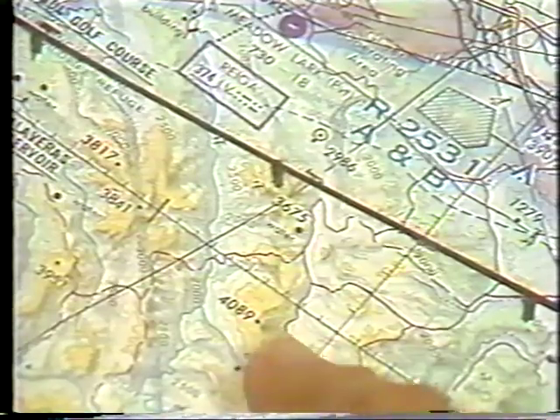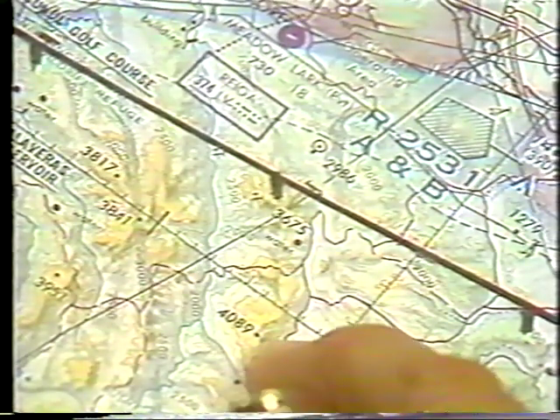Coming up right of course should be this mountain peak. It's the highest terrain in the area.